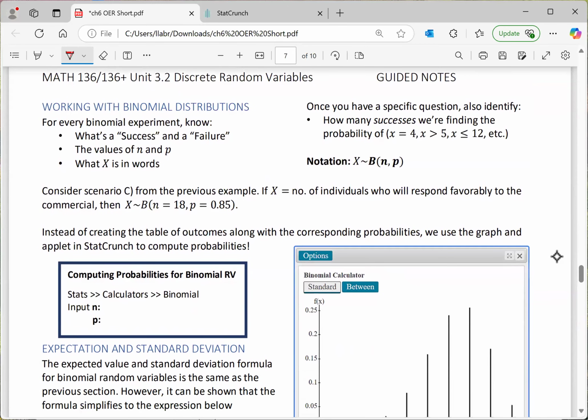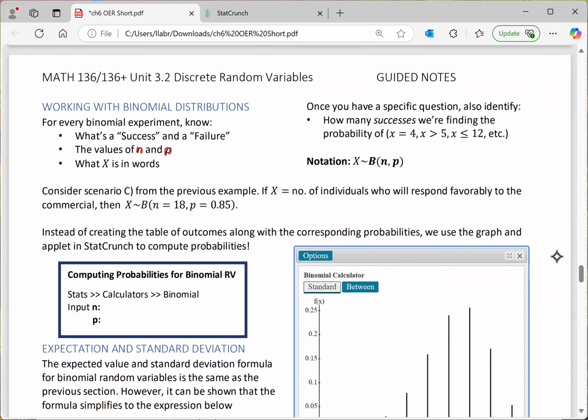What we need to do is make sure that we know the parameters. The parameters are essentially values that you need to successfully describe something fully. In this case, we need to describe n, the sample size, and p, the probability of success.